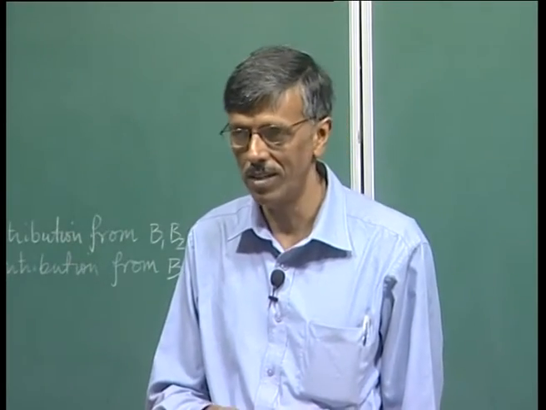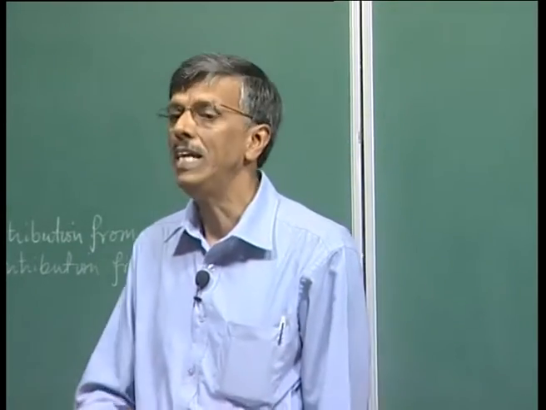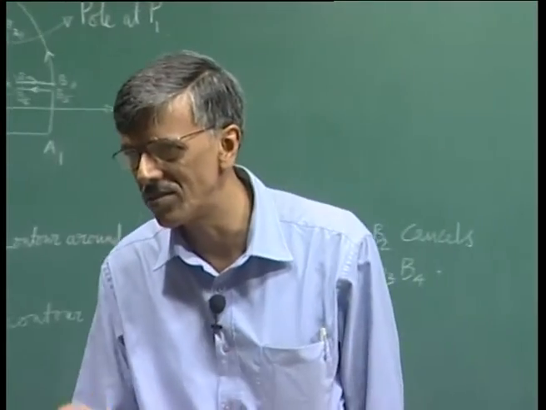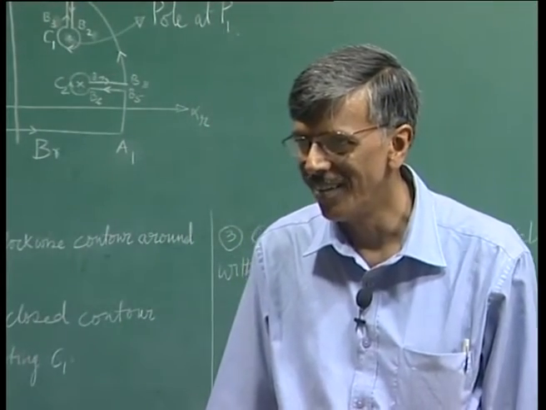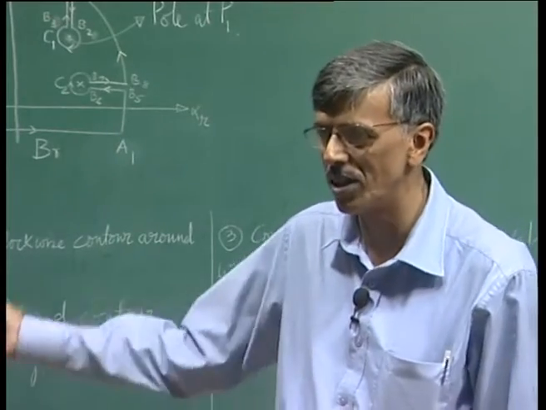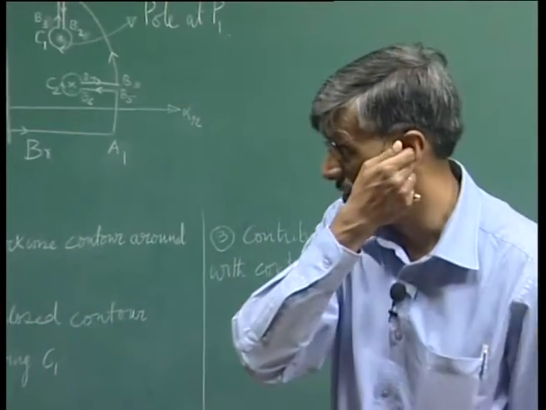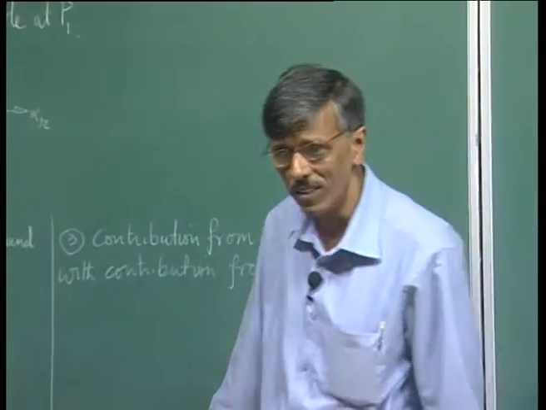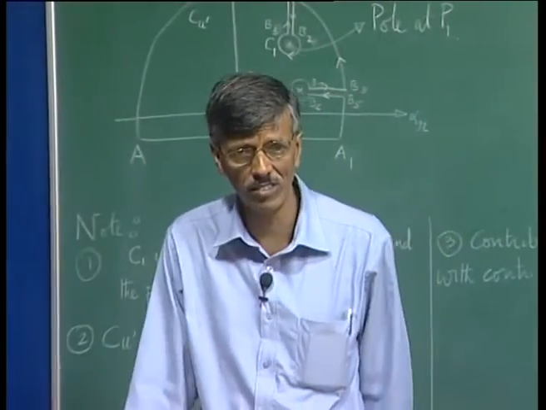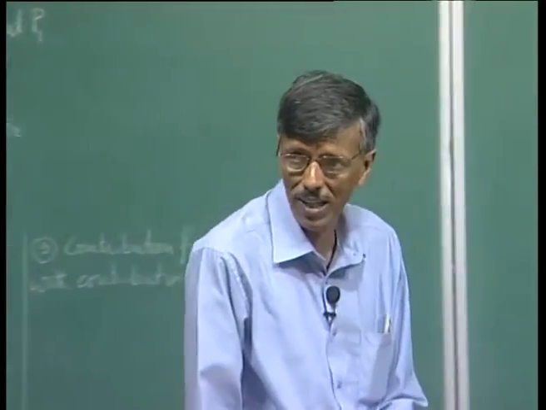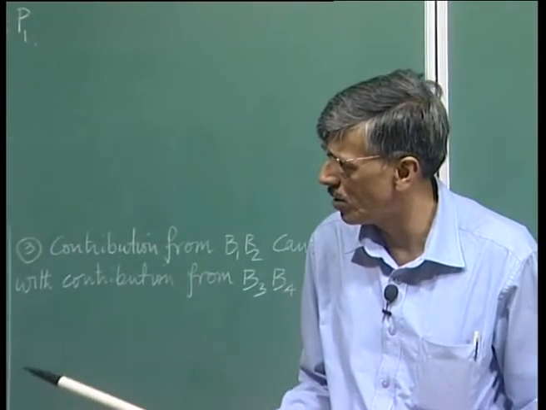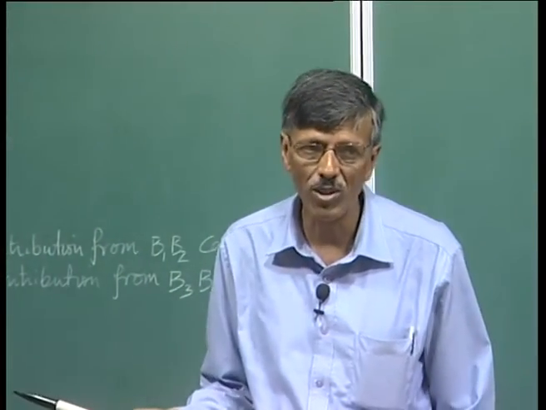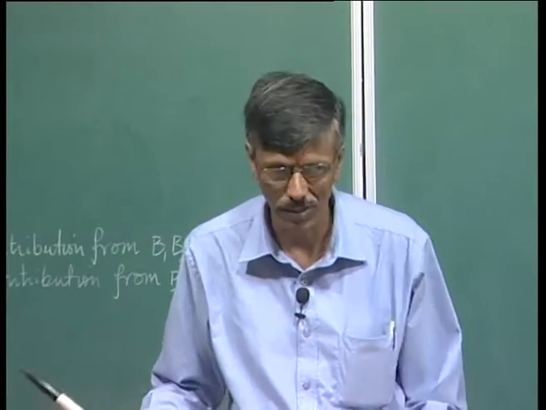You have heard of that, essential singularity. For example, e to the power z, cos z, sin z, z going to infinity. Do they disappear? They do not disappear to 0 when z goes to infinity, right. If I have such functions, then of course, Jordan's lemma is not going to be valid. So, in developing this part of the theory, we are assuming that there are no essential singularities. That is what Jordan's lemma means, right.